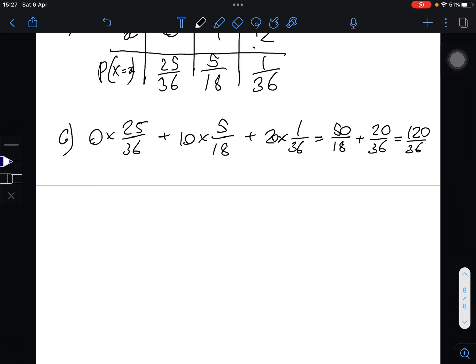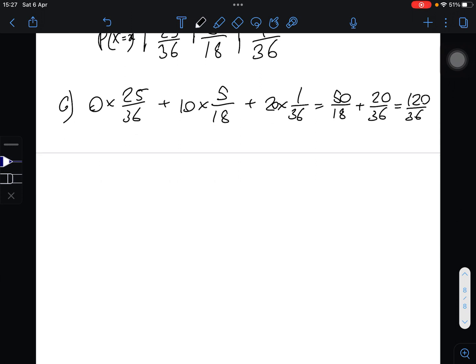Not quite. Okay, 3.3 recurring. And so therefore, what's the expected return? It's going to be $3.33 and onwards. Let's put that to 2 decimal places because you don't have dollars past 2 decimal places.